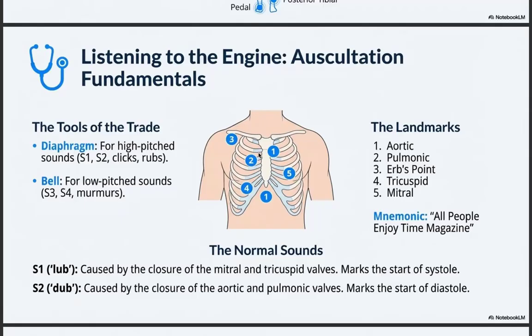And pulmonic is going to be on, listening to the patient, this is pulmonic and this is aortic, in the second intercostal space, kind of next to the sternum. If that makes sense. And that's where you're going to be able to hear S2.